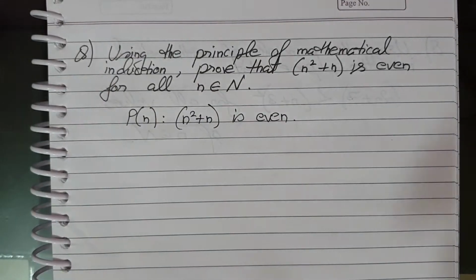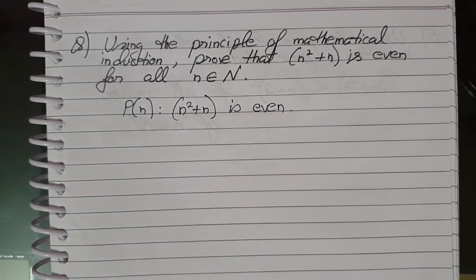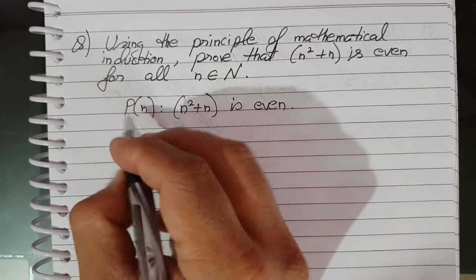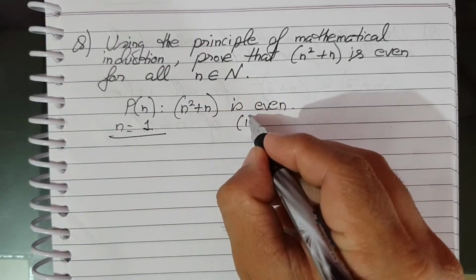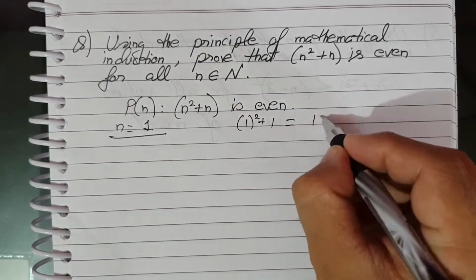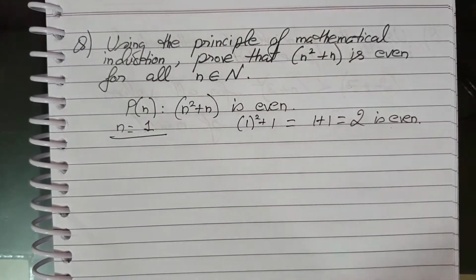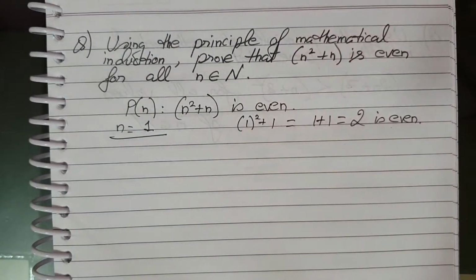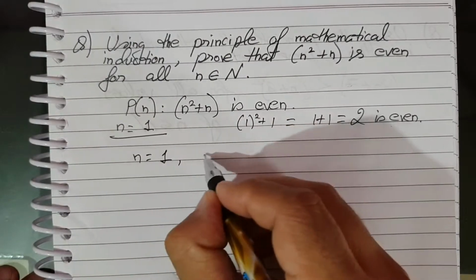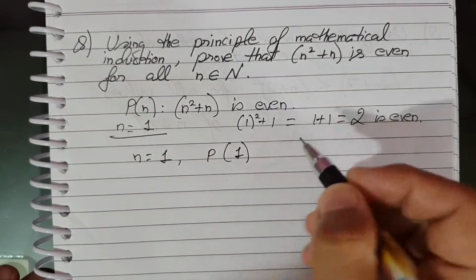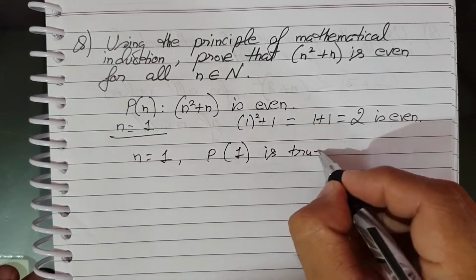Again we will take n equals to 1. So n equals to 1 will make 1 square plus 1, which is basically 1 plus 1, which is 2, is even. That means the statement is true for n equals to 1, or P1 is true.